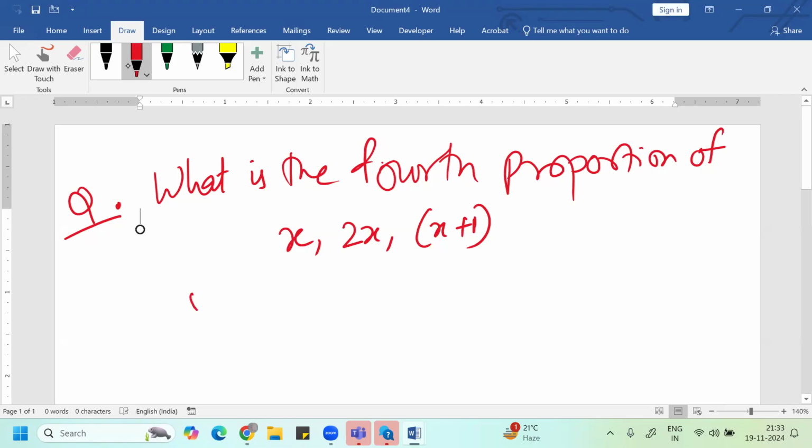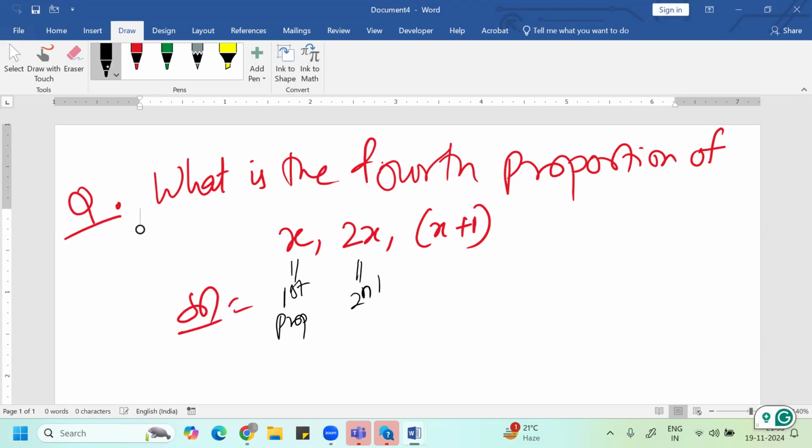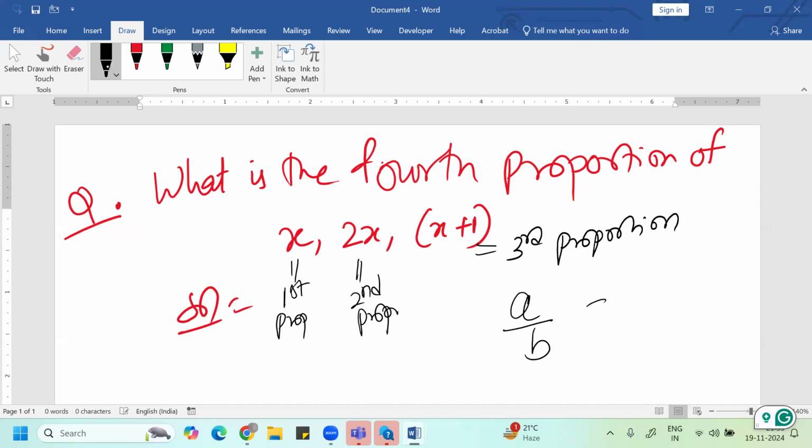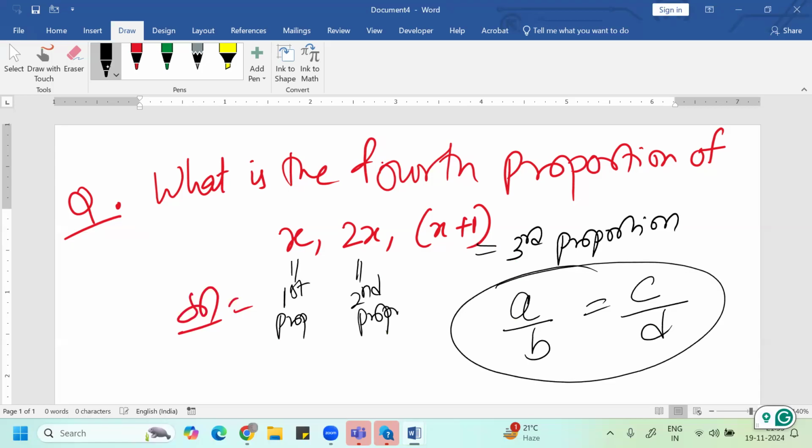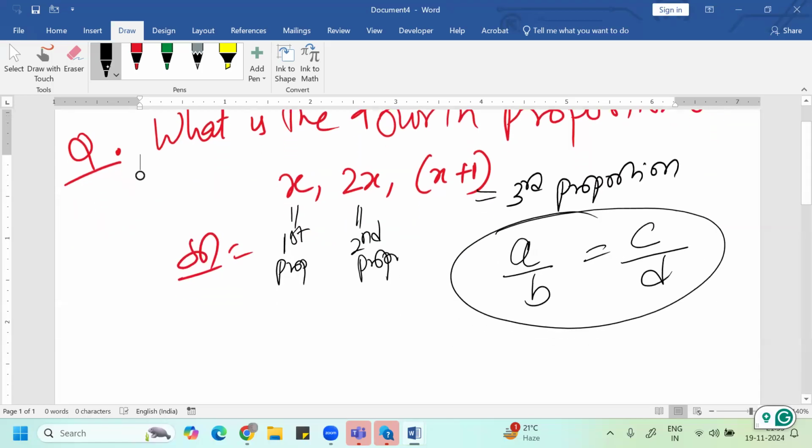If somebody asks you fourth proportion, this is your first proportion, this is your second proportion, and this is your third proportion. So I am expressing them in this way: A by B is equal to C by D. So what is your first proportion? x.